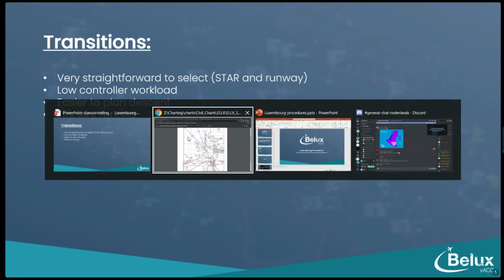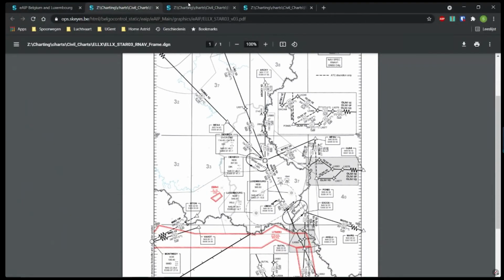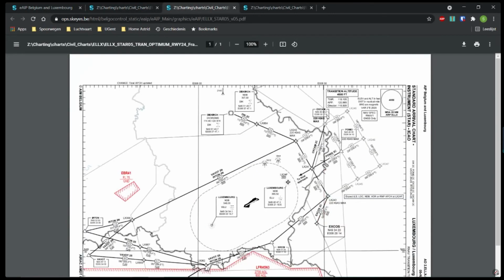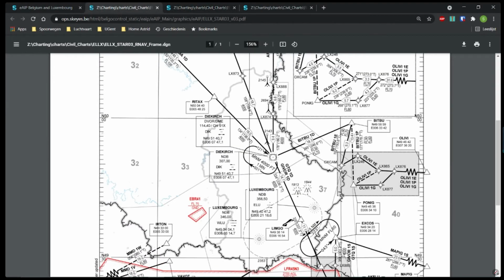To demonstrate, I'll just quickly open up my charts. So, for example, if you come in via Bidbu, you can take the 1 Echo arrival, which takes you towards Oxcam. And then from Oxcam, you have a very easy transition onto final approach. I personally think you can't do any better with vectoring them in.